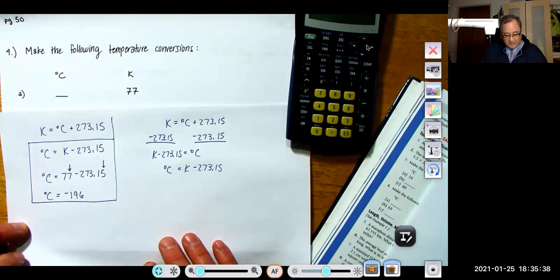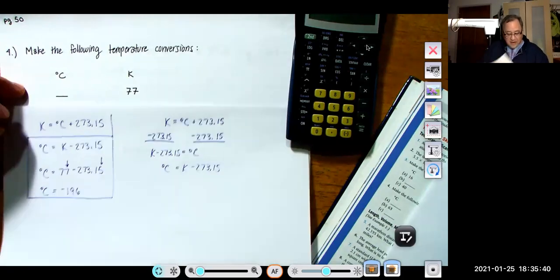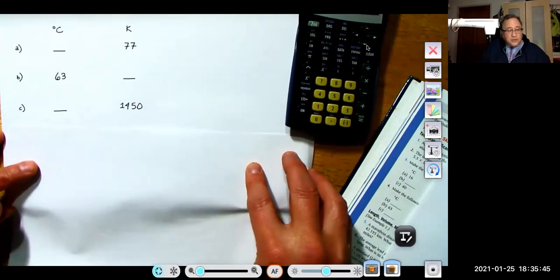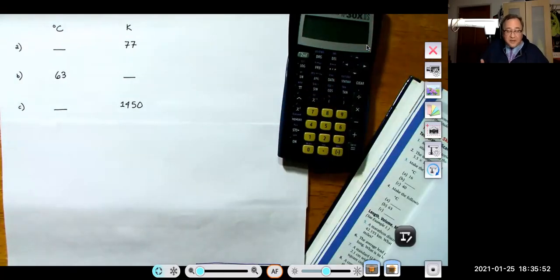Okay, let's move on. So what I'd like to do now is I want you to do B and C, to give you an opportunity to write out the problem as I expect you to do it on an exam. And when you're done, give me a sign. And when I say when you're done, I mean when you're done, or if you're ready to move on.